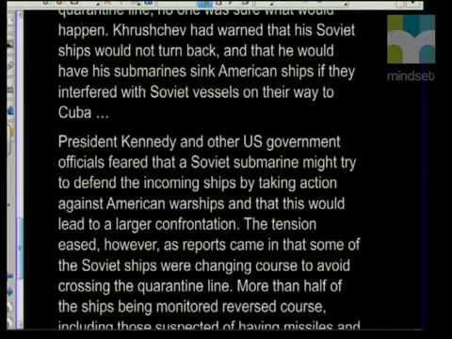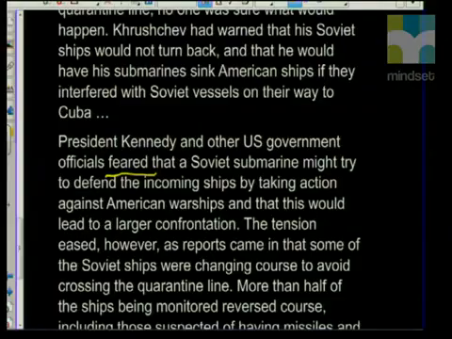President Kennedy and other U.S. government officials feared that a Soviet submarine might try to defend the incoming ships by taking action against American warships, and that this would lead to a larger confrontation. So again, it tells you that they did not want that confrontation. They feared the confrontation, so they're going to try and prevent it.